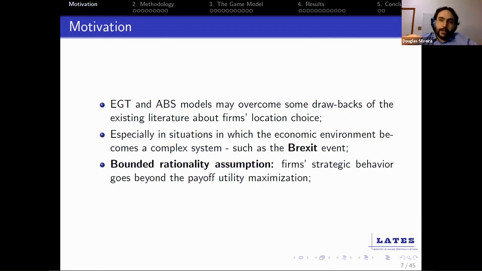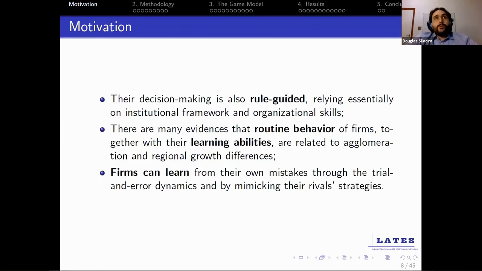So we are trying to take a step forward from the traditional analysis in which classic game theory, for instance, always assumed that firms are profit maximizers, and sometimes it's a bit unclear how to introduce learning abilities in their decision making. That's what we are trying to do here. And by doing so, we are considering that the firm's decision-making is rule-guided.